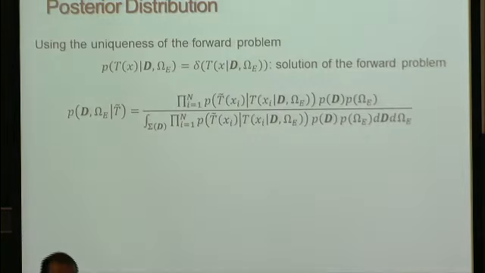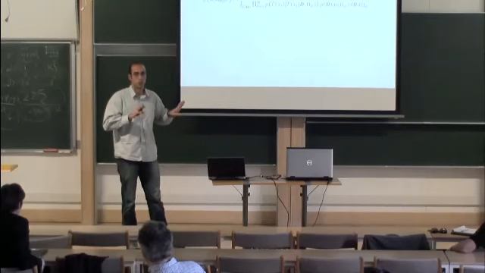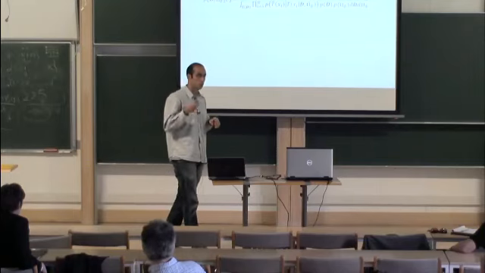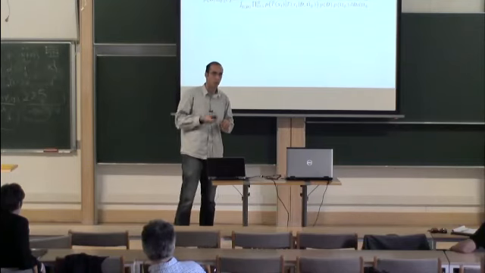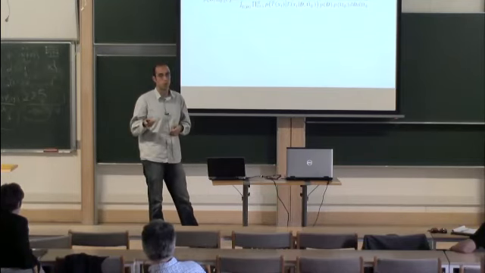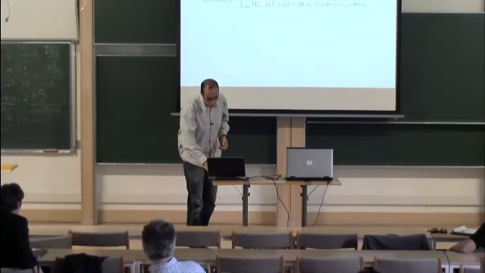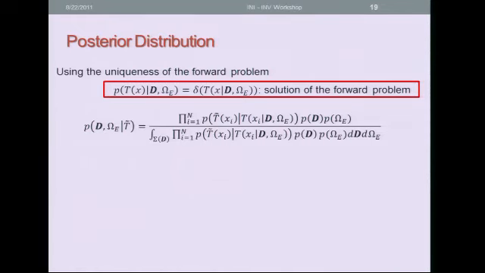This was nice, this was all 2D and it was computable in a reasonable amount of time. Now, the problem is what if we're talking about a higher dimensional problem? Higher dimensional as in, what if we have 20 parameters, 30 parameters, how do those things work? The problem is we have to solve this posterior distribution, so we have to know the solution for the forward problem.